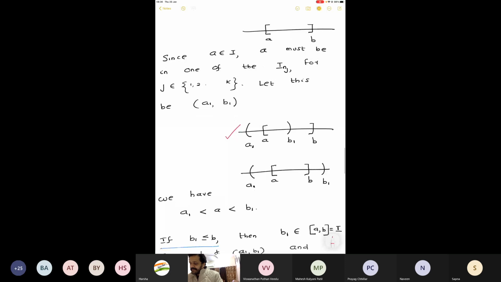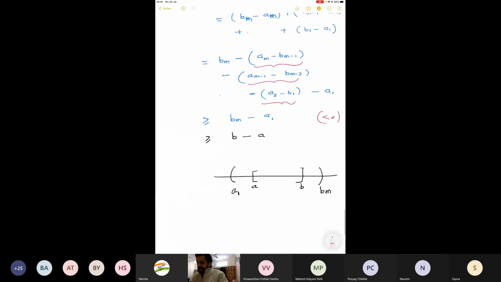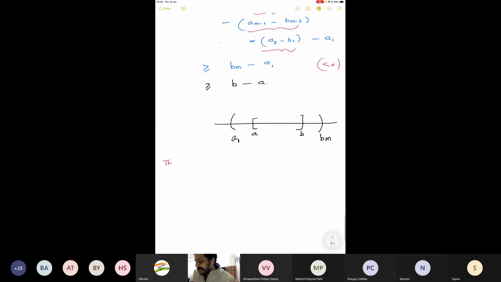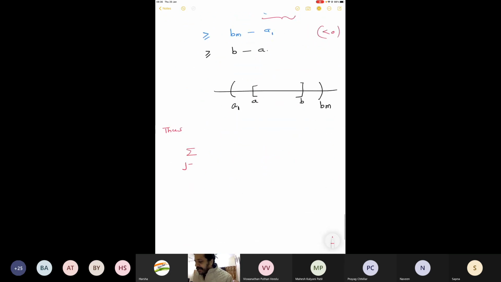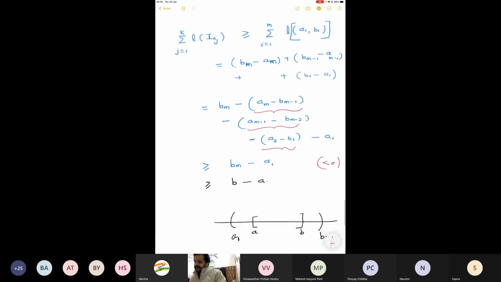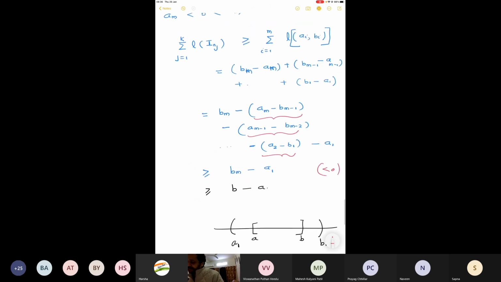So did I make some mistake? So I am getting summation j equal to 1. Let me write the conclusion. Thus, the summation j equal to 1 to K of the length of I_nj is greater than or equal to B minus A. So this is what I got.